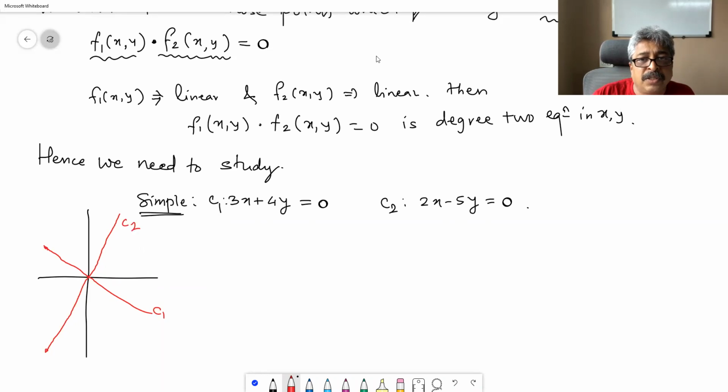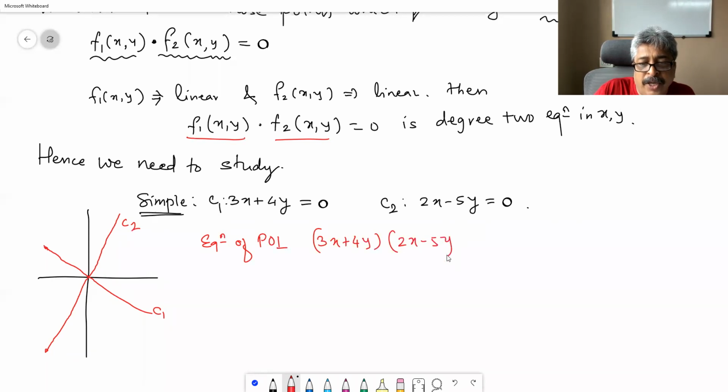How will the joint equation of these two lines, f1 of x y into f2 of x y, look? So the equation of POL, that is pair of lines, is 3x plus 4y into 2x minus 5y is equal to 0, which looks like 6x square minus 20y square minus 15 plus 8, that is minus 7xy.